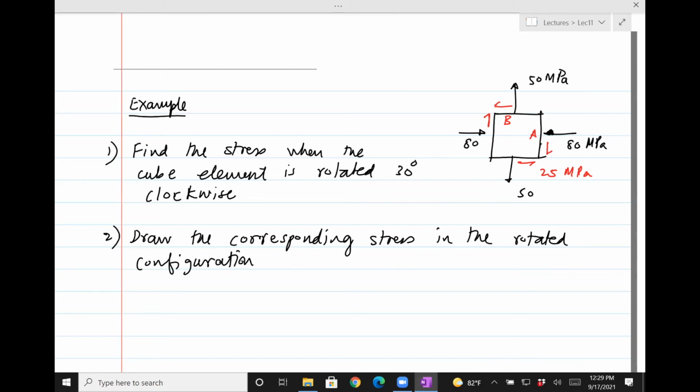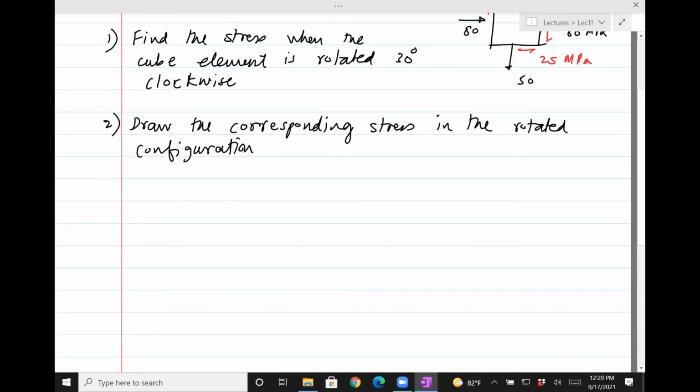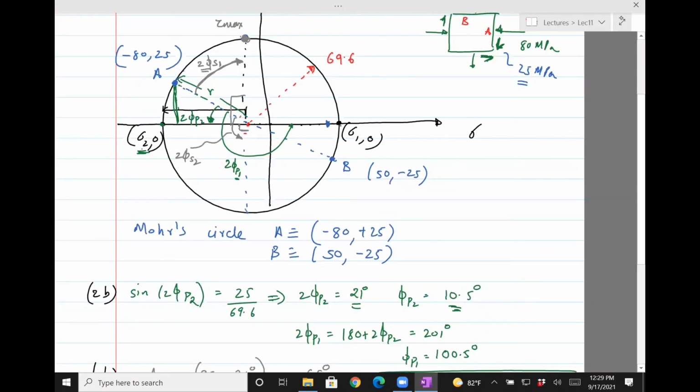So we have already drawn the Mohr circle for this, and we sort of need to use that Mohr circle to figure out what the stress would be when the element is rotated by 30 degrees. So let's just quickly draw some parts of the Mohr circle as we'll need for this problem. You just borrow it from the previous figure. It's too cluttered. Let me take the other one.